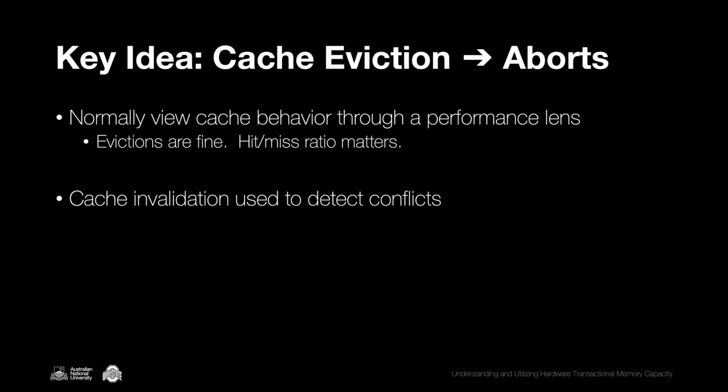HTM uses cache invalidation to detect conflicts. Therefore, if a transactional cache line leaves its LLC, it cannot be tracked for conflicts anymore and will cause an immediate abort. Any eviction could be devastating if an expensive transaction is speculatively executed. Avoiding eviction is the key to large HTM capacity.